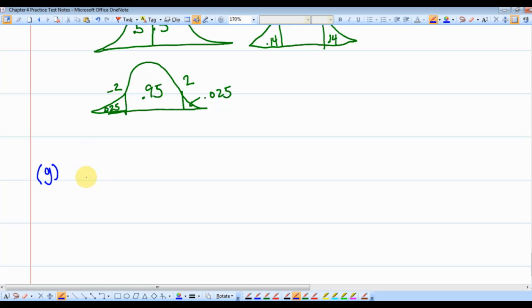G. Using the empirical rule. Okay, the z-score is the number minus the mean over the standard deviation. We want to know empirically what's the percentile rank. So first thing we should probably figure out is what does percentile rank mean?